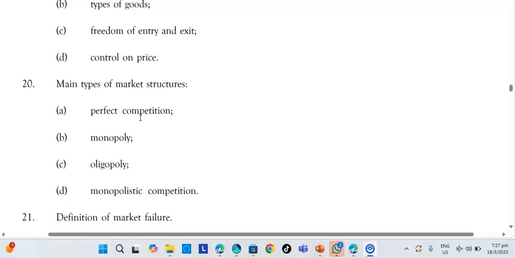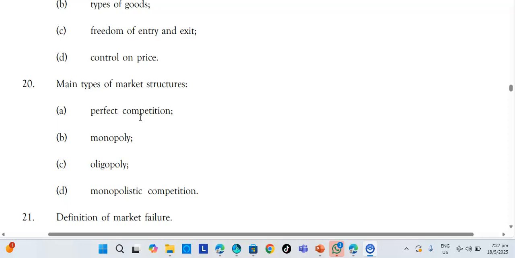Monopolistic competition, a market with many sellers offering similar but not identical products. Firms compete using branding and product differences. Key features, many sellers and buyers. In a monopolistic competition market structure, differentiated products, brand, quality, style help to differentiate products.